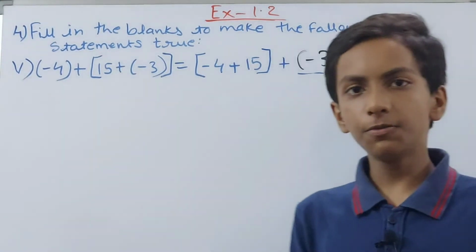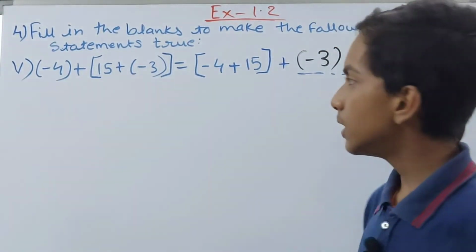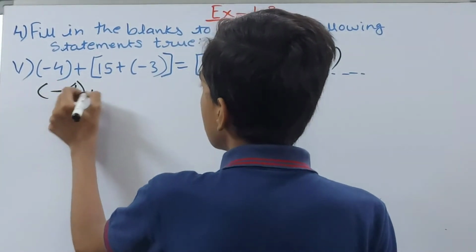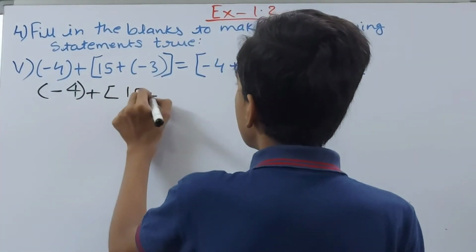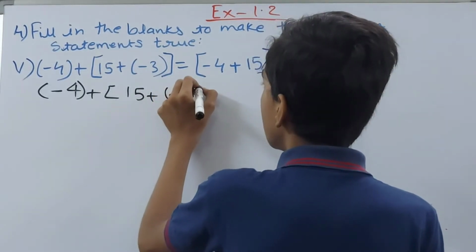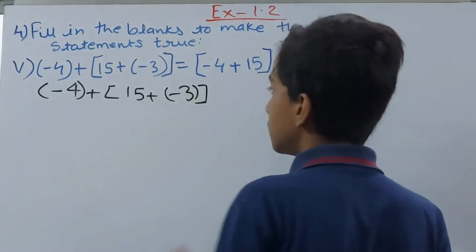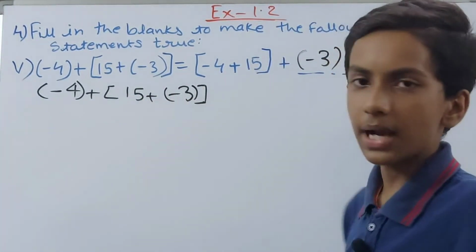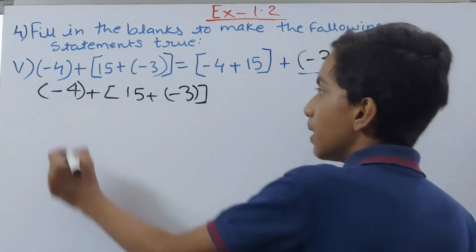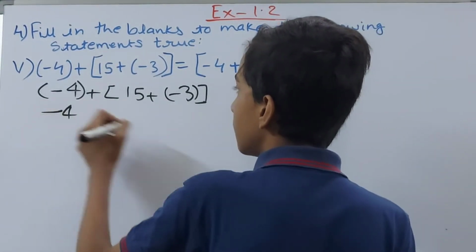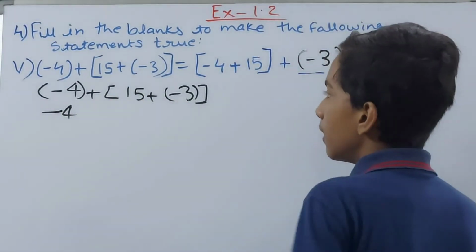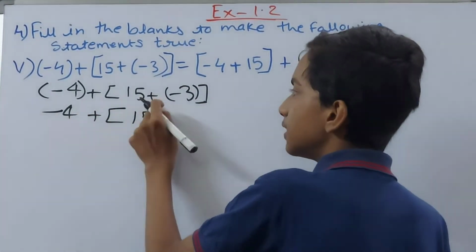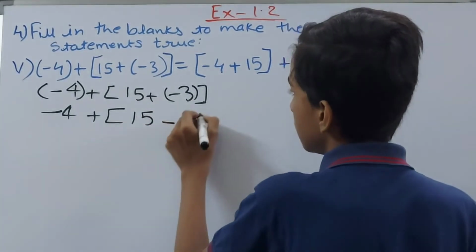And still if you feel, you can verify this. So let us do that. We have minus 4 plus bigger brackets 15 plus in the smaller one minus 3, right? We close this. Now you solve it. So in this one, the bigger brackets we solve first. So minus 4, you can simply open it up like this, and this will be 15 plus, and in the bigger ones we have 15 plus minus is minus 3, right?